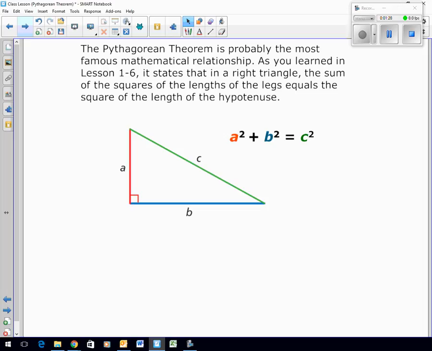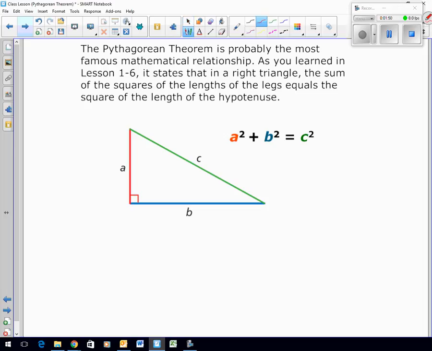The problem with the Pythagorean theorem that I've experienced is this. You kids tend to forget what side is A, what side is B, and what side is C. Okay? So when we think of the Pythagorean theorem in here, I do not want you to think of it in terms of a squared, b squared, and c squared.